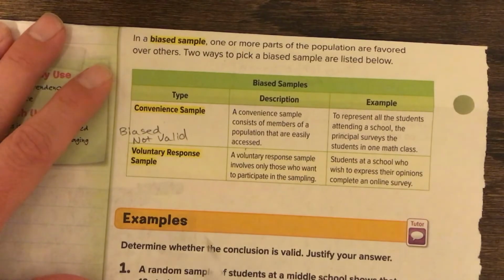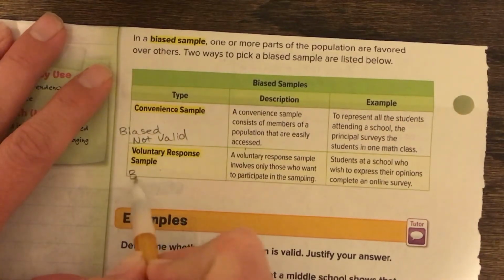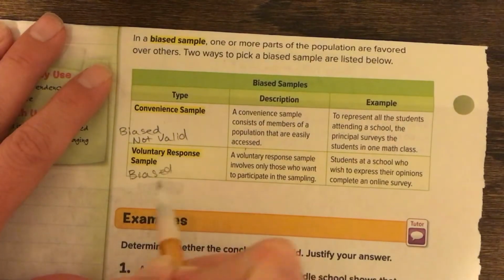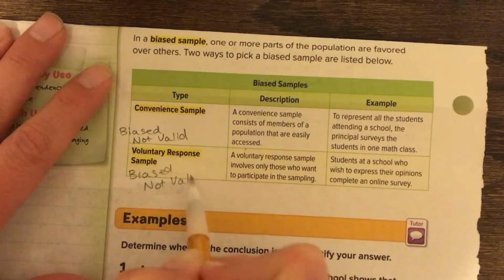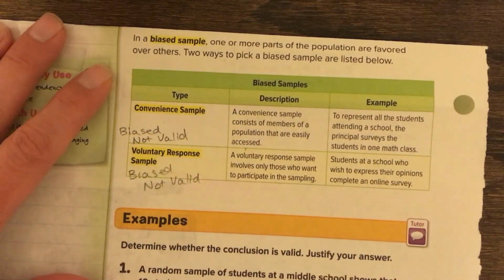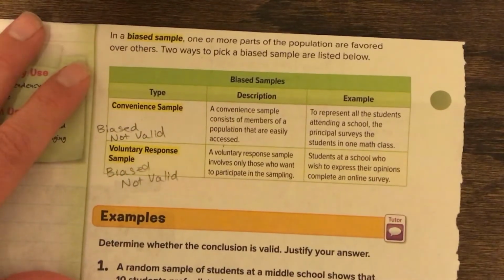Voluntary response sample is another one that is biased, and it's not valid. It's just like what it says, voluntary response. That's when it involves only those who want to participate in the sampling. Their example is students at school who wish to express their opinions complete an online survey.